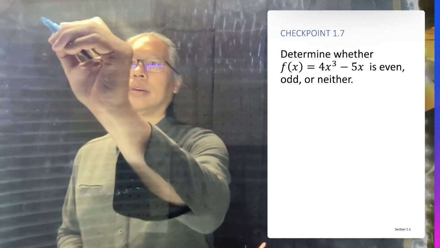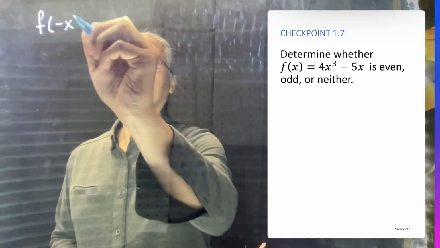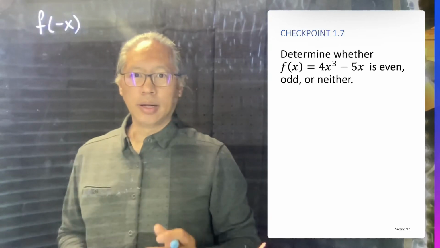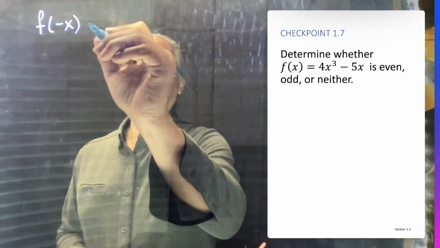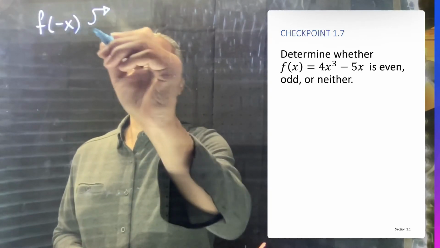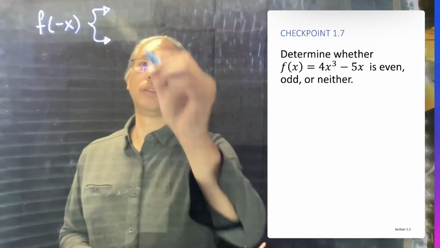So just a reminder, to check if something is odd or even, we want to put a negative x into the function, and we're going to examine two possibilities.